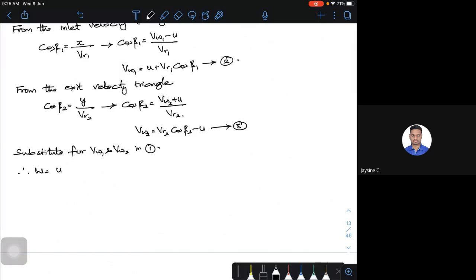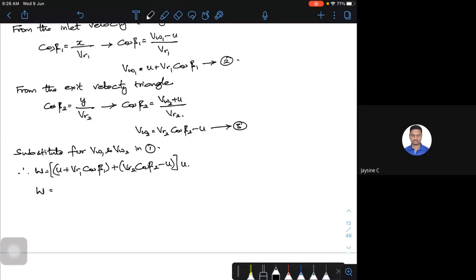VW1 is equal to U plus VR1 into cos beta 1, plus your VW2, which is equal to VR2 cos beta 2 minus U. This is what I have multiplied by U.